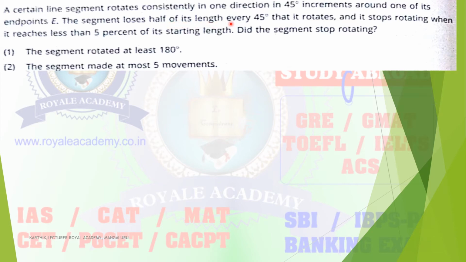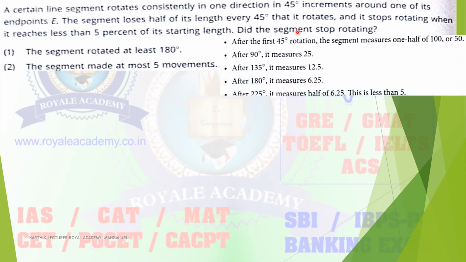The total length is not given in this problem, so you just consider 100 for easy calculation. First 45-degree rotation, the segment reduces to one half of 100, which is 50.